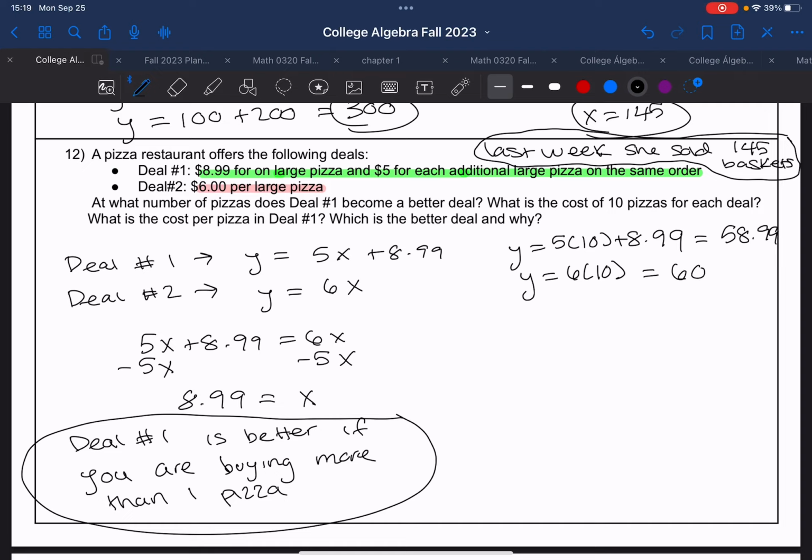So if you were to buy 10 pizzas, the better deal is going to be deal number 1 because you save almost $2.